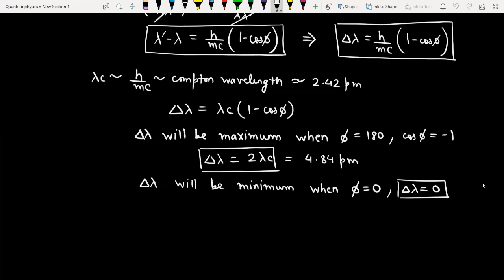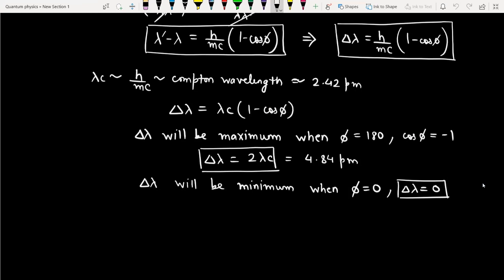So this is basically what I wanted to explain about the Compton wavelength. As I just discussed, the Compton experiment was a very, very important experiment. In this, you can see from the above equations, in this particular derivation, we have only used the basic conservation of momentum and the basic conservation of energy, and we get the change in the wavelength.